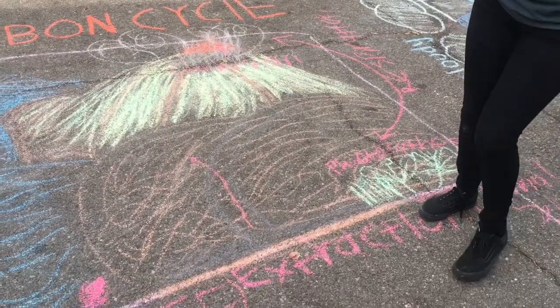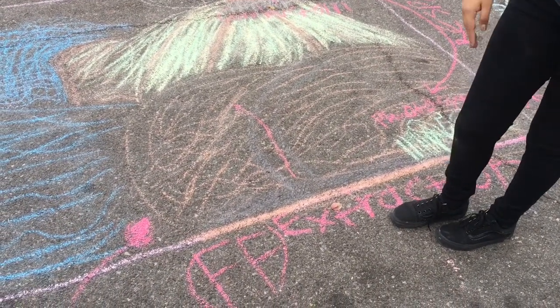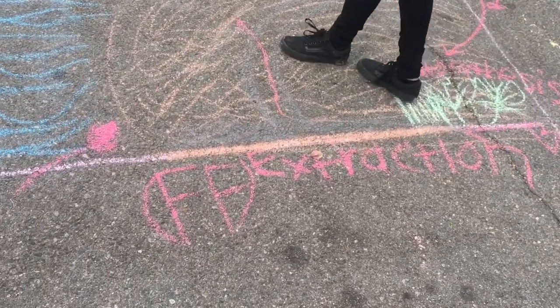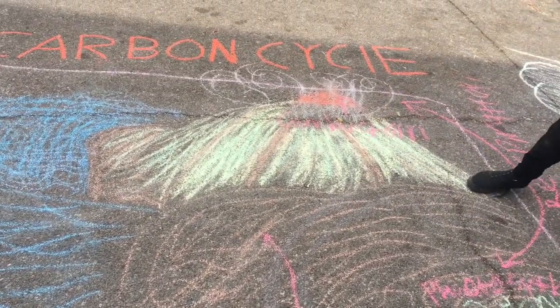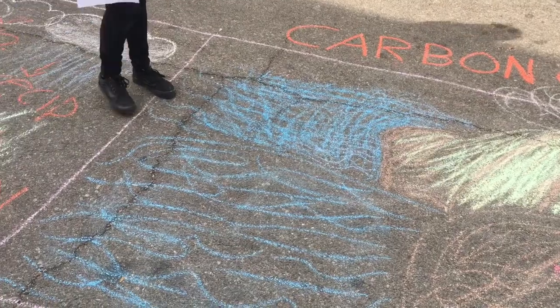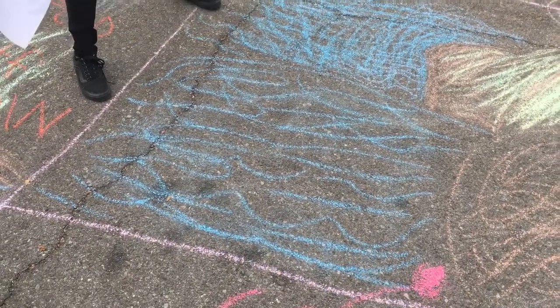So what happens, we end up having some fossil fuels at the bottom of the soil, but then humans end up doing extraction of the fossil fuels, so it goes back into the Earth's surface. And then what happens after is that the carbon dioxide in the atmosphere and the carbon dioxide that's dissolved in the water are exchanged.